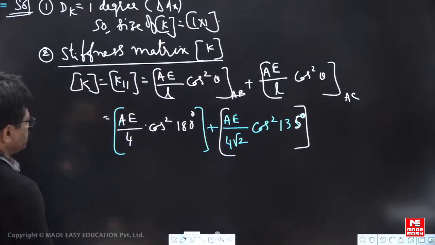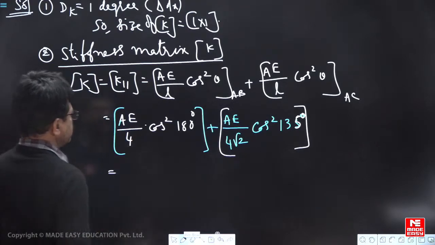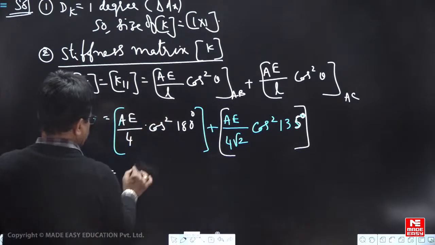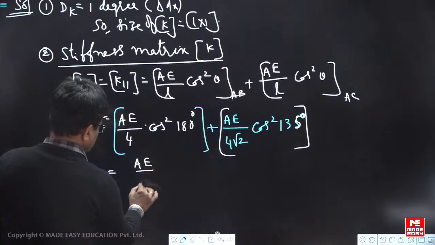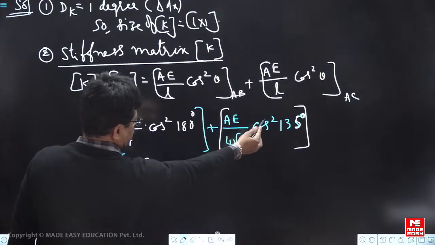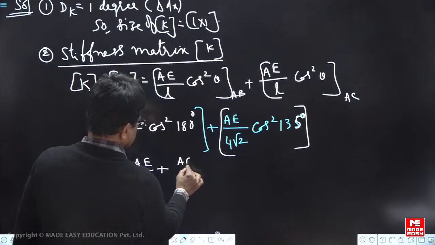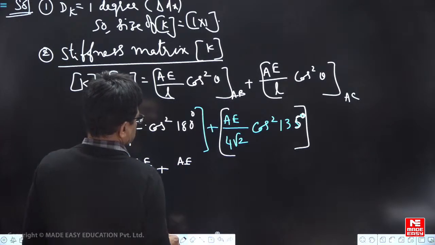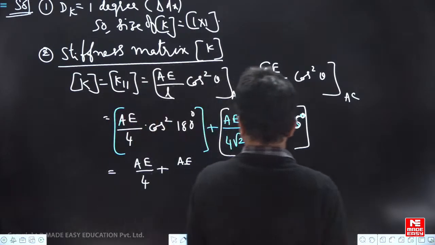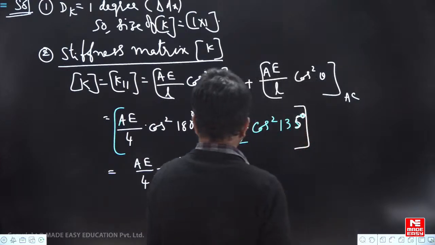This is a k value. So you will get its result. 4 and 4 root 2 means AE by L. AE by 4. This is 1 by root 2. AE by 8.